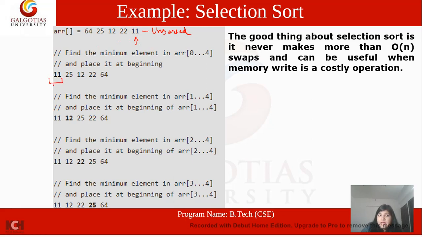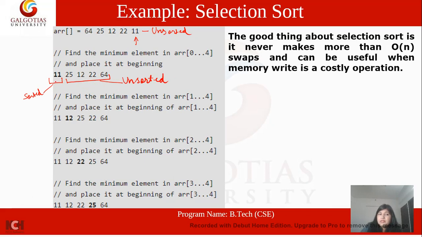This is the sub-array which is sorted, and this is the portion which is unsorted. Now again we will do the iteration with the unsorted array.